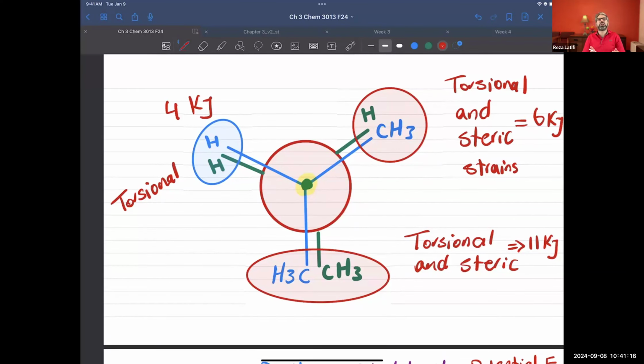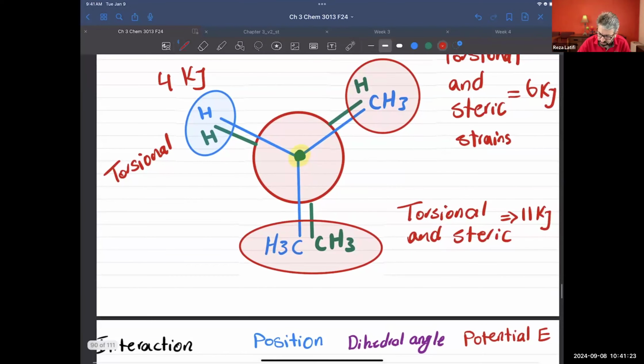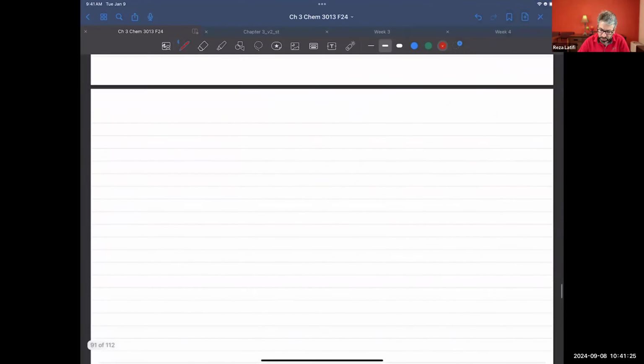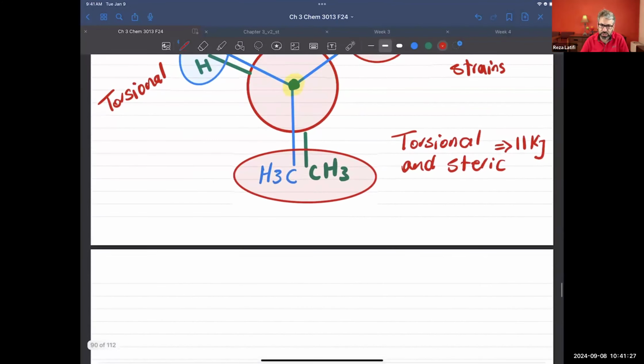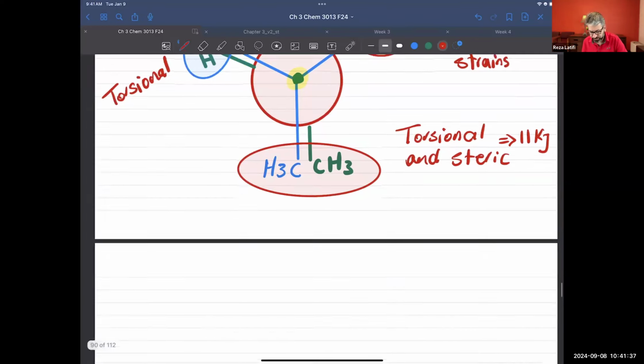Because the groups get closer and closer to each other. Or you can say the methyl group is way bigger than hydrogen, because methyl is bulkier, so repulsion will be more severe.